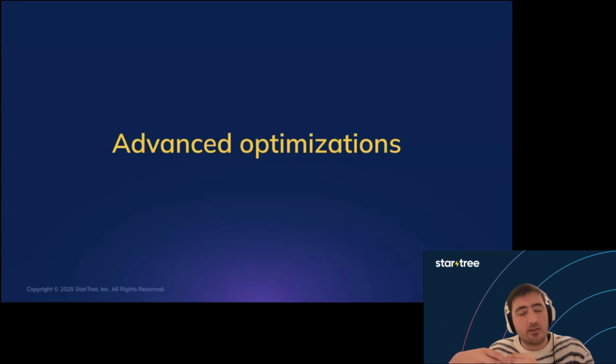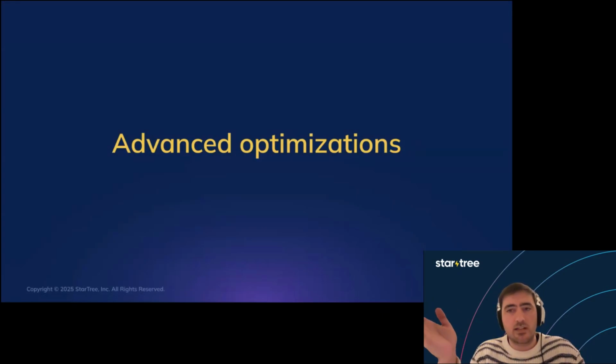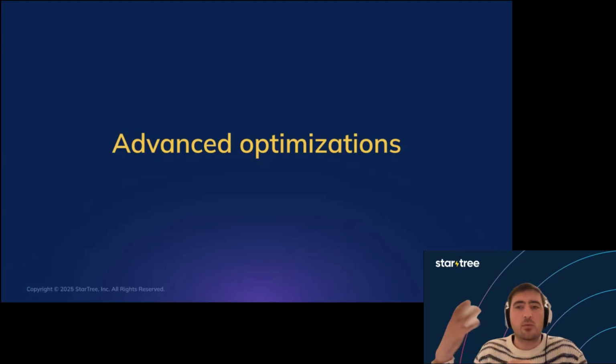Another thing I wanted to say is that even though we have some rules that have to be enabled by using hints, some of the distributions Yash was talking about before can be automatically inferred by the broker. For example, collocated joins can be inferred by the broker because it knows how segments are distributed between servers. So it's able to decide automatically whether it has to use this technique or the other.